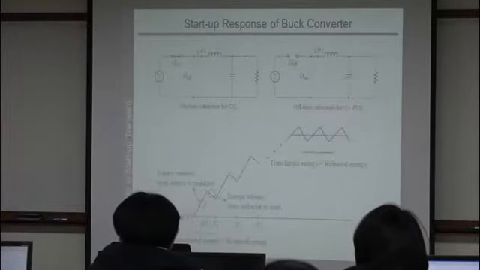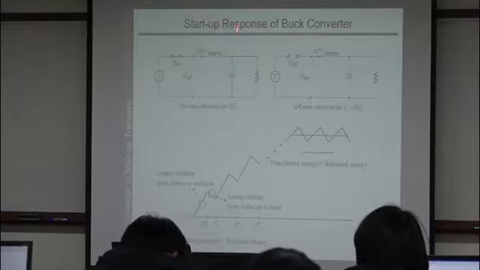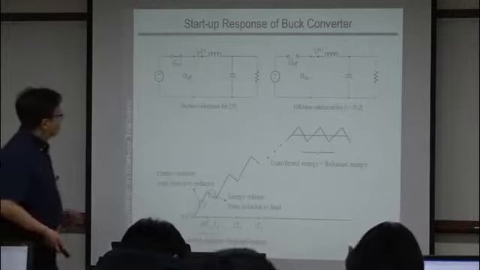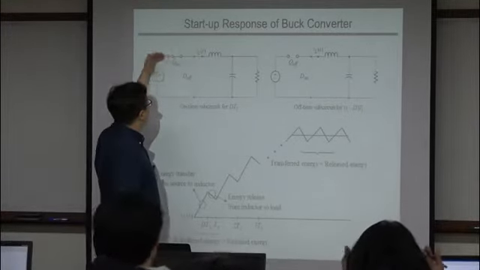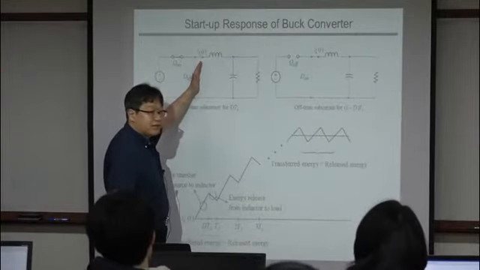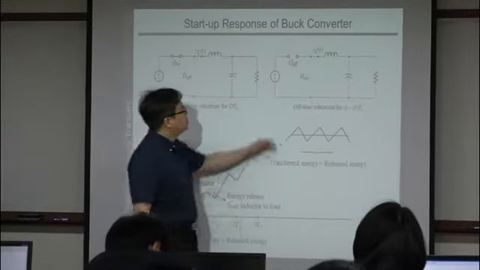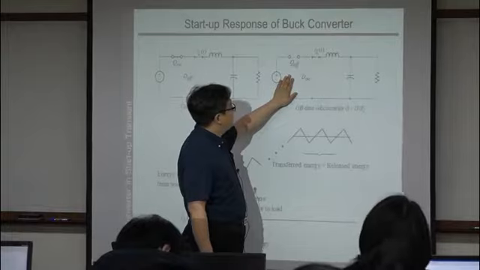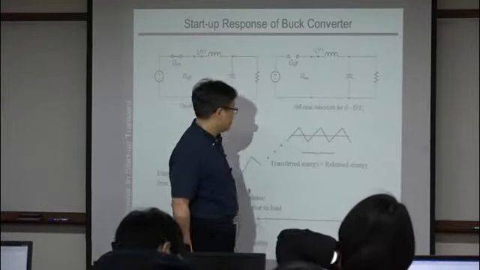Then let's see the startup response of a buck converter. When the switch is turned on, the source voltage is connected to the input of the LC filter. When the switch is turned off, the source is separated from the circuit, right?